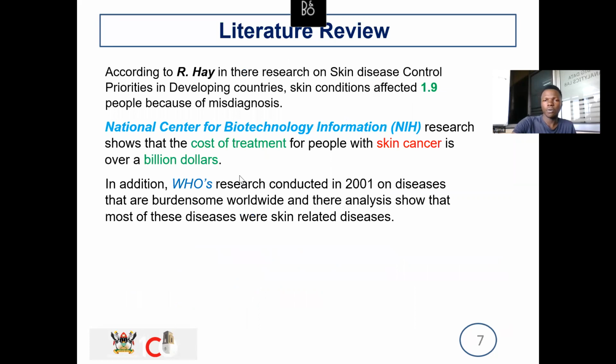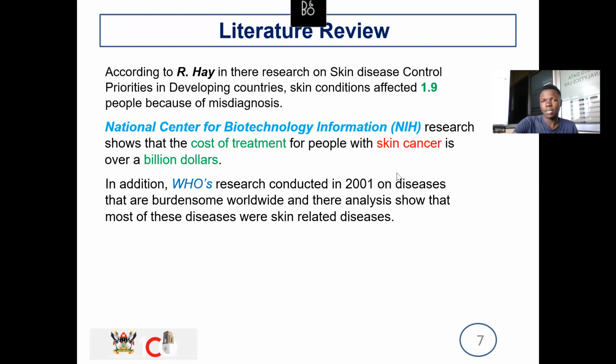So for our literature review, we discovered, during our research, particular sources like R. Hay, who found out that 1.9 billion people are being affected due to skin disease misdiagnosis.